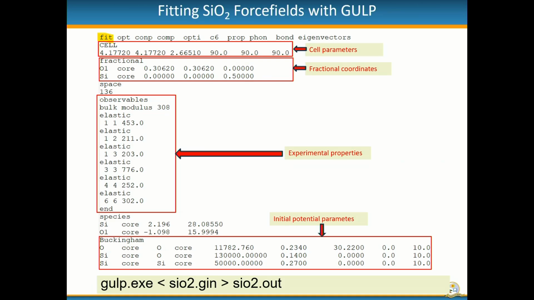Okay, so this is typically what you need to do this fit. This is a typical GULP input file. You need your cell parameters, the positions of your atoms, and then you need your experimental properties. If you cannot get these, nowadays people will obtain them from DFT calculations. In some cases, they tend to be very, very close to experiment.